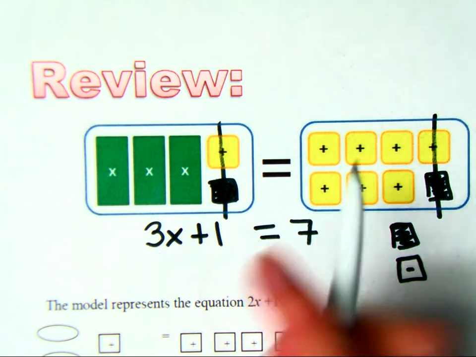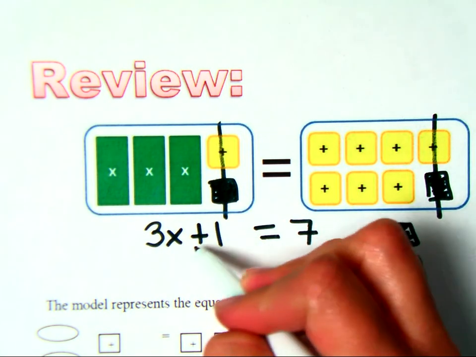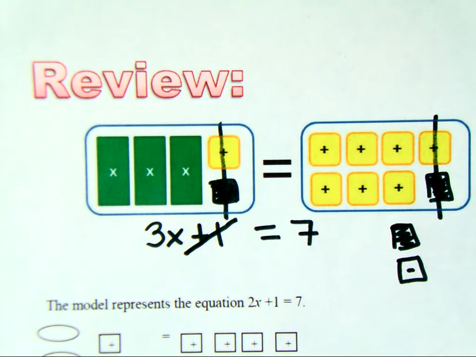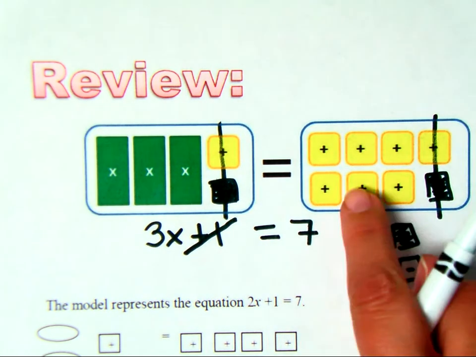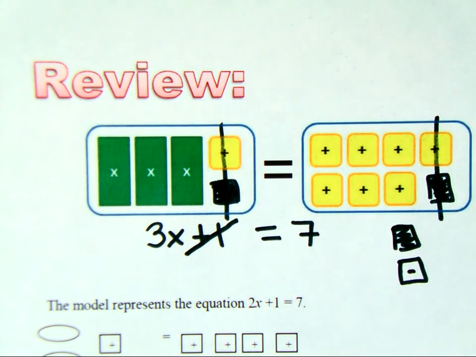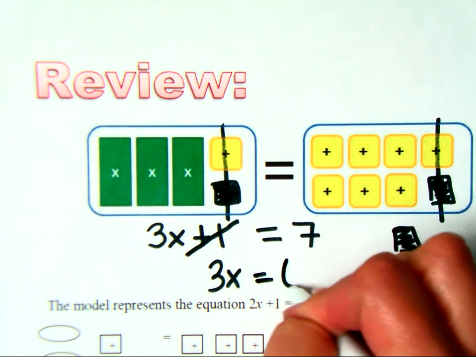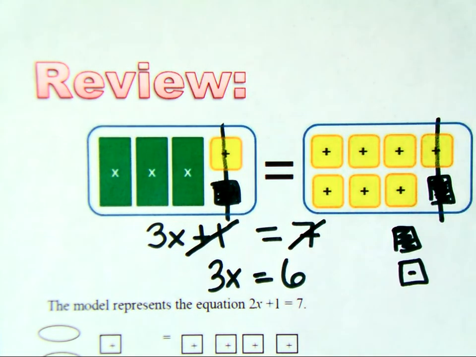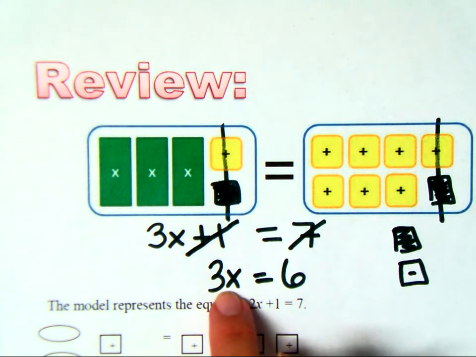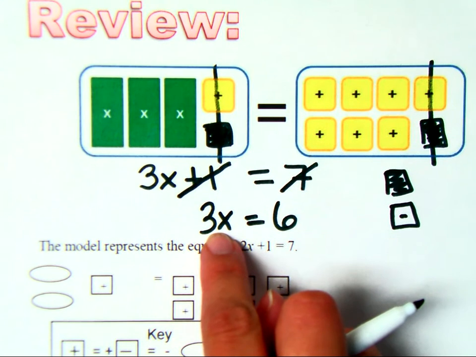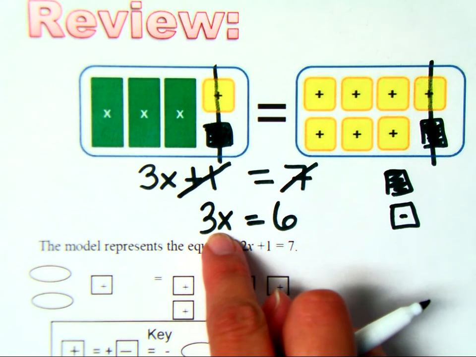So now we have 3 x's, and what we have over here now is 6. So I'm going to move this down and say 3x equals 6, because that number has now changed. Now we want the x's by themselves. So 3 x's are sharing 6 positives.